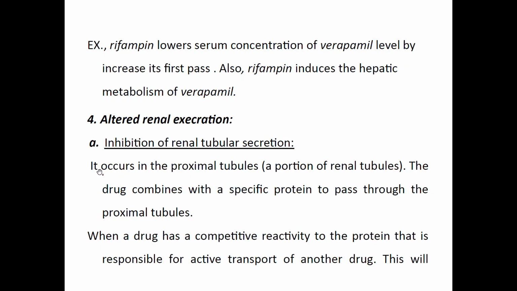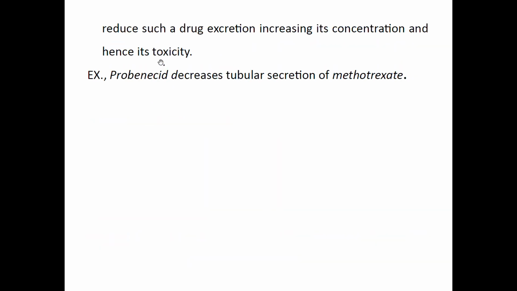It occurs in the proximal tubule. The drug combines with a specific protein to pass through the proximal tubule. When a drug has competitive reactivity to the protein that is responsible for the active transport of another drug, this will reduce the excretion of such drug, increase its concentration, and hence its toxicity.